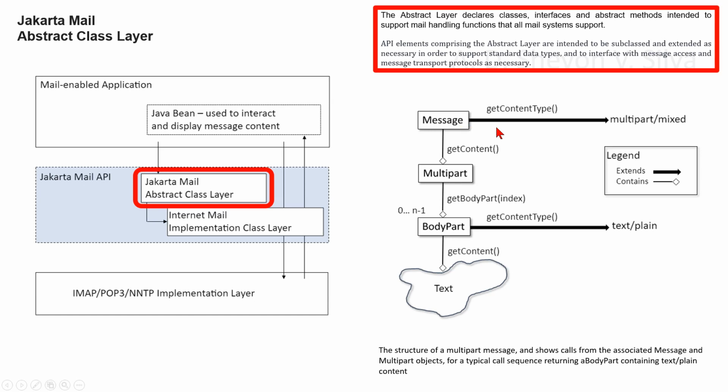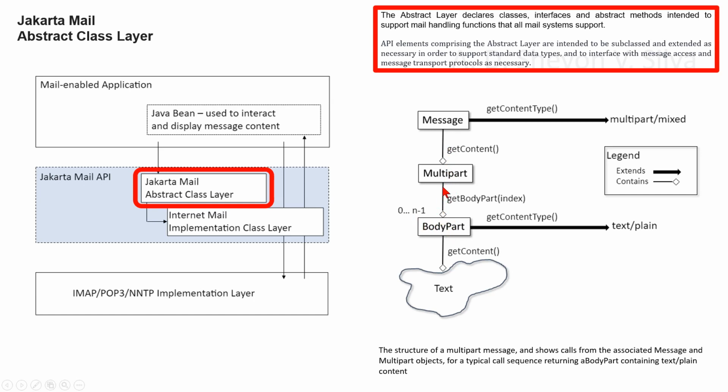Here the message is connected to a multipart mixed via getContentType, and the message contains multiparts. The message is connected to the multipart via the getContent method, and the multipart contains body parts, indexed 0 to n-1.